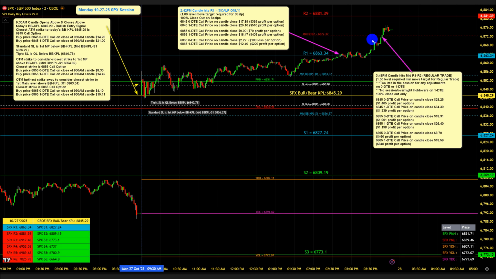So if you were still holding on to this trade here, regardless of whether it was 0 DTE or 1 DTE, then you're closing out 100% of your contracts because it is simply too late in the session to do any adjustments. And regardless of whether it is 1 DTE or 0 DTE, you are not holding even the 1 DTE option over into the next session.